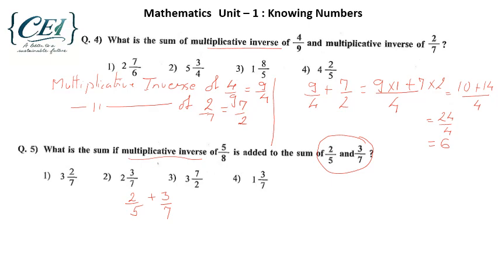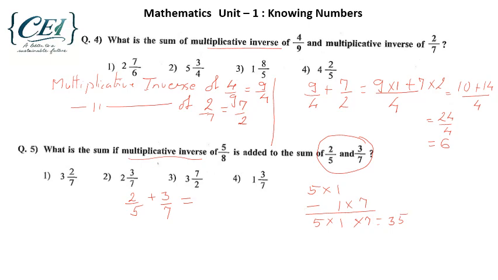The denominators are different, correct? And both are prime numbers. So the LCM is 5 into 7, that is equal to 35.